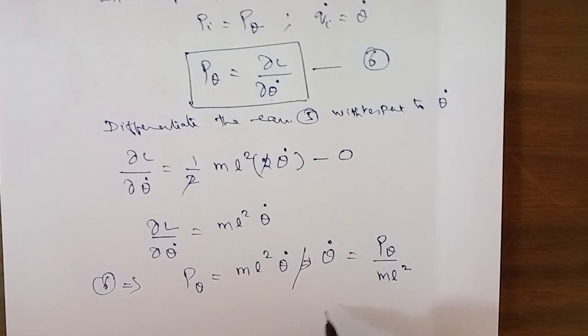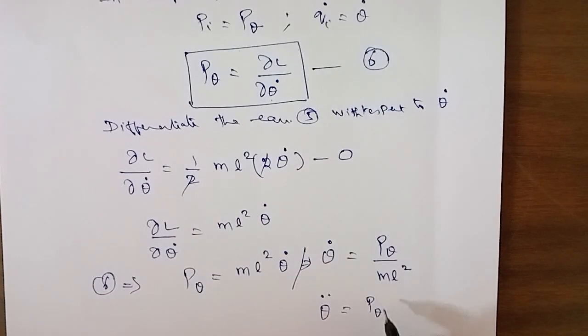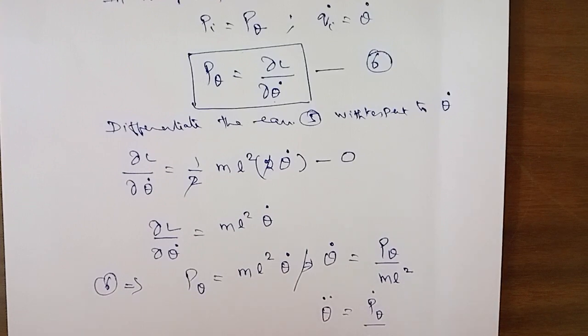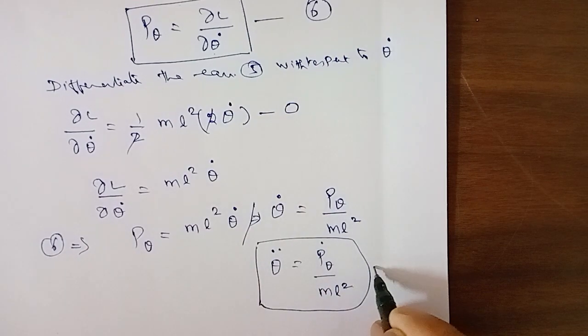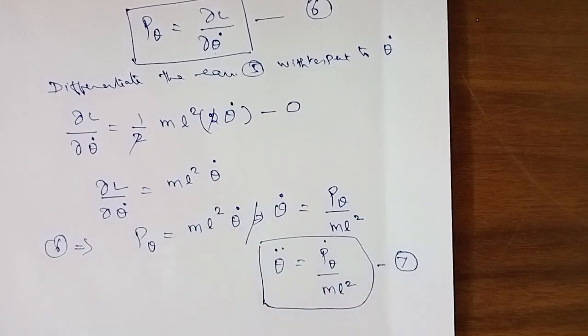Now again differentiate this. Theta double dot is equal to P theta dot divided by m L square. Make it equation number 7. Okay, right.